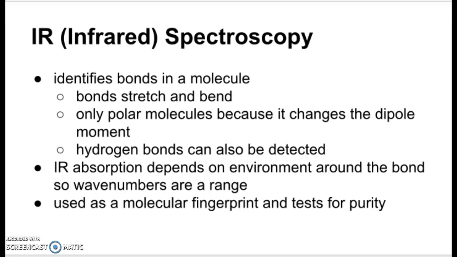So it can tell us if it's a double bond between carbon and oxygen or a single bond between carbon and oxygen. The important thing to remember is that it only identifies polar bonds. So if you have a carbon-carbon bond, it's not really going to tell you much about that because that's a non-polar bond, and it's not going to be able to actually absorb any energy because that stretching is going to be completely symmetrical, and so it won't show up.